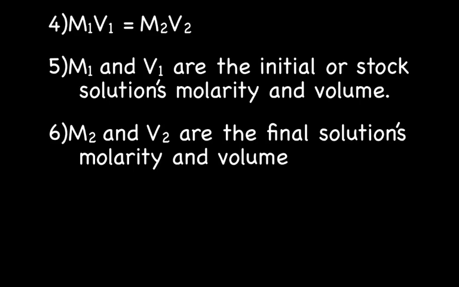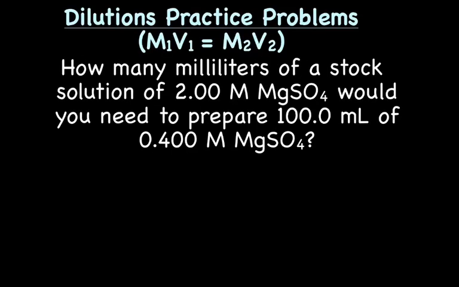We do need to try a quick practice problem though. All right, let's try one quick practice problem. How many milliliters of a stock solution of 2 molar MgSO4 would you need to prepare 100 milliliters of 0.4 molar MgSO4? So we need to figure out what goes together.